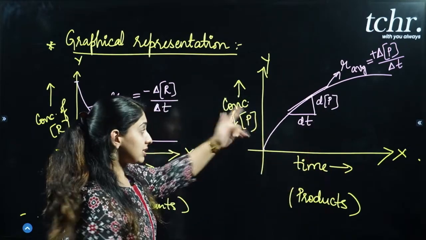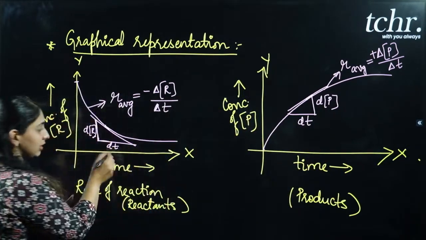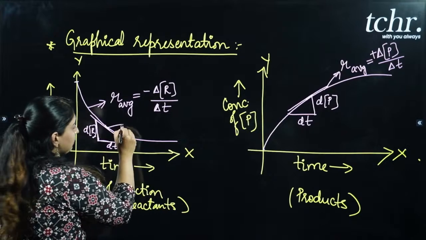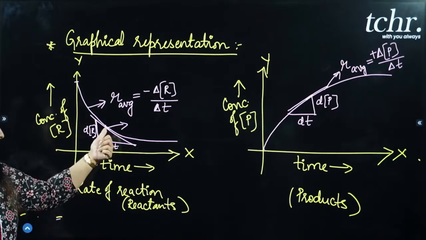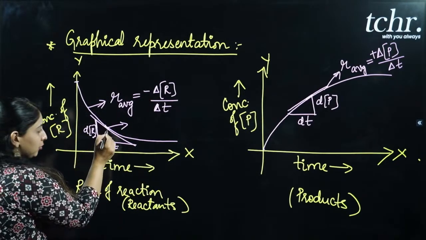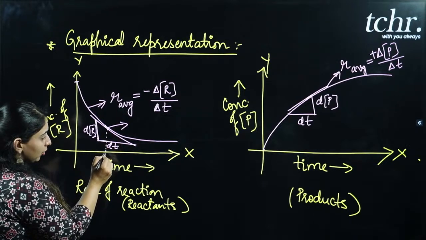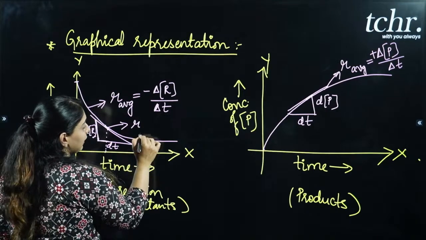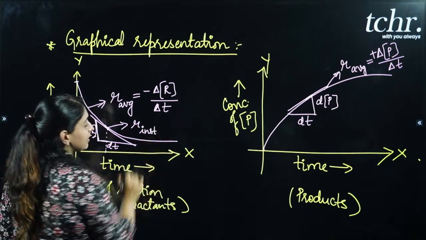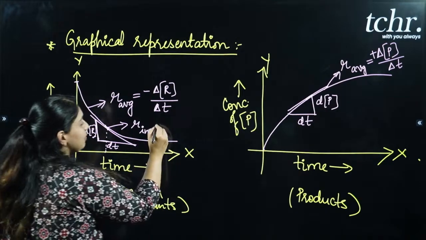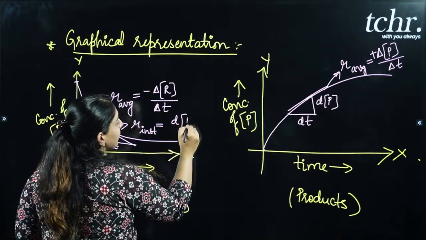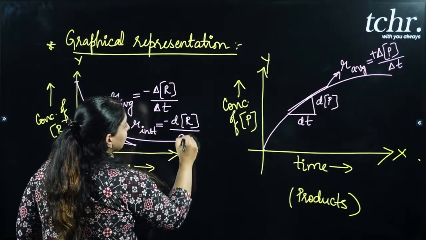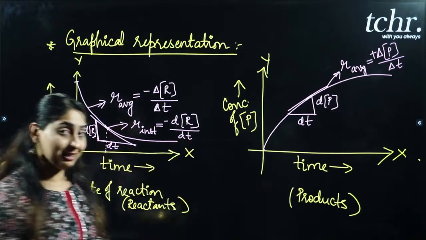Now what is this called? Based on these two parameters, at this point of time, at this instant of time, when you take the dotted line, you will get to know what time it is. So at this point of time, the rate of the reaction is called the instantaneous rate. R instantaneous would be equal to minus dr by dt, mathematically we represent it that way.